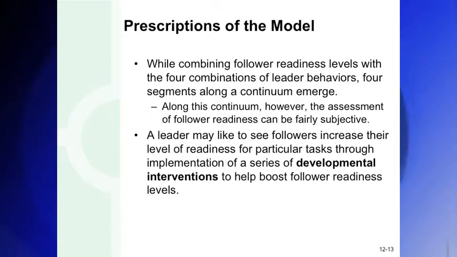A leader may like to see followers increase their level of readiness for a particular task through a series of development interventions to help boost follower readiness levels. So this model implies that the leader needs to be very much engaged to ensure that the readiness of the followers is there.